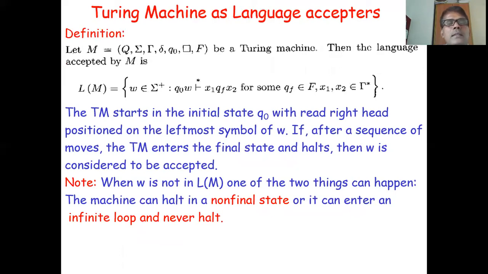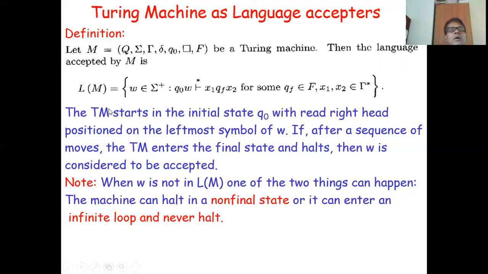So, Turing machines as language acceptors. Let M be a Turing machine, then the language accepted by M is given by L of M equal to the set of all strings W belonging to sigma plus. Remember, a Turing machine will not accept an empty string, so the input string is not empty.